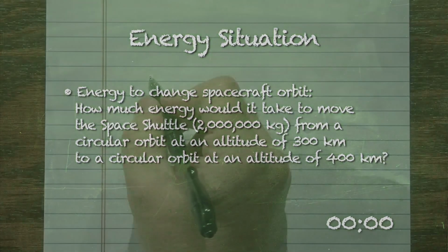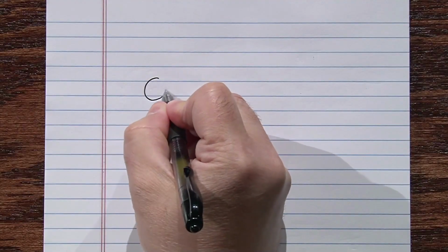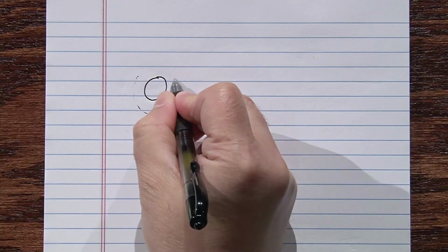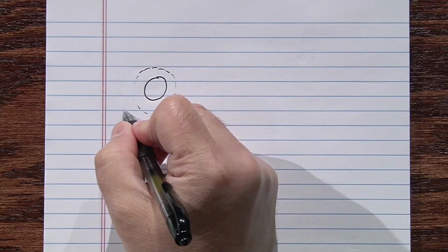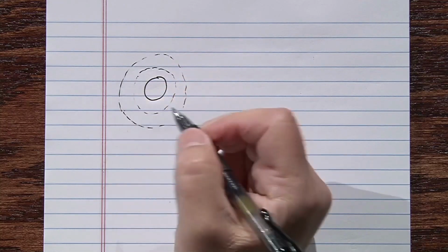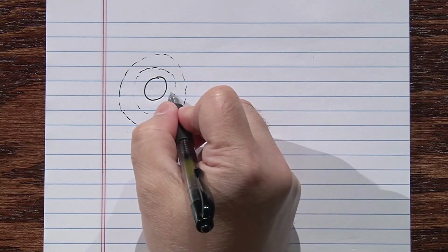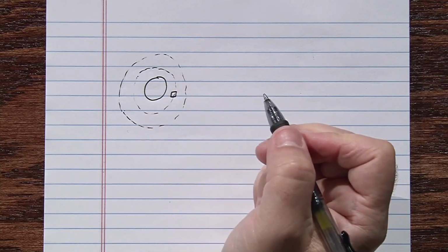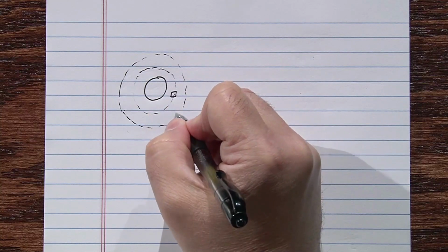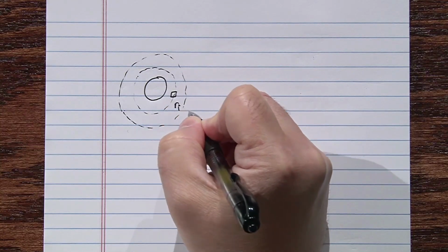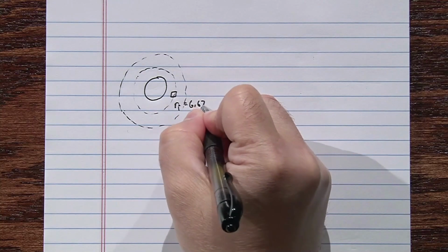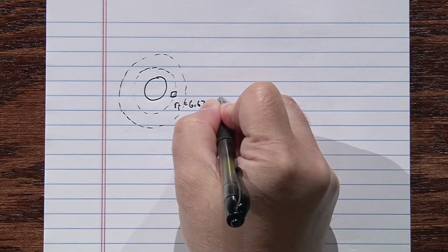Okay, here's the Earth. Here is our 300 kilometer orbit, and here is our 400-kilometer orbit, not drawn to scale. And here is the space shuttle. Initially, we've already calculated what R initial is. That would be 6.67 times 10 to the 6 meters.